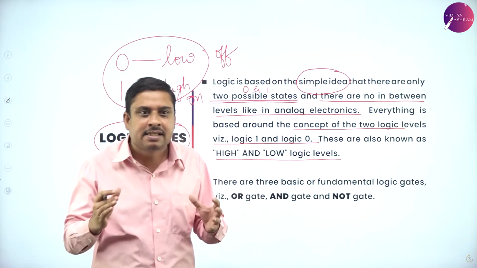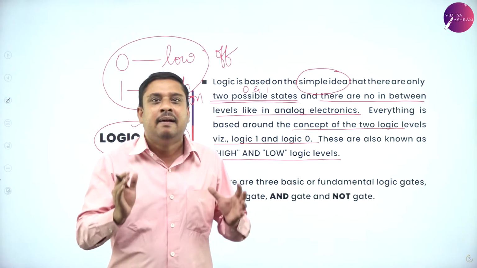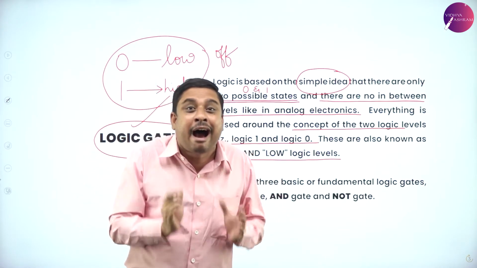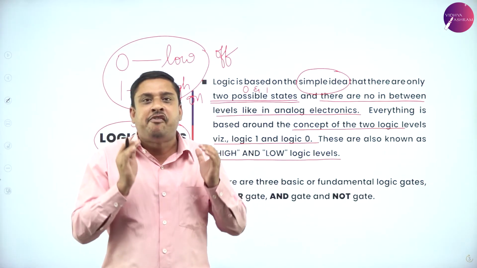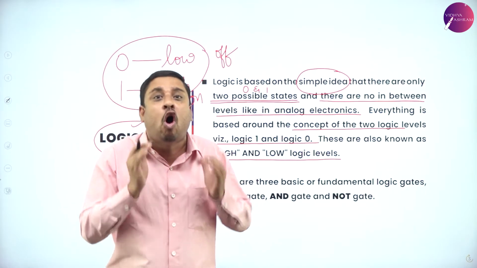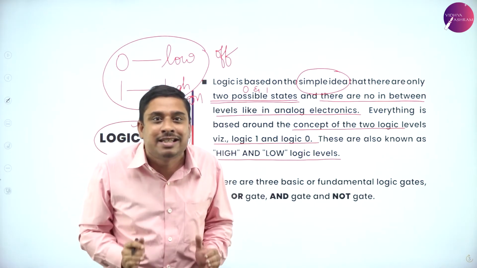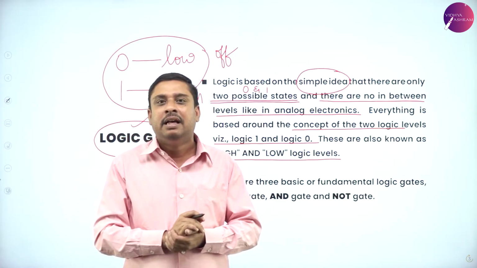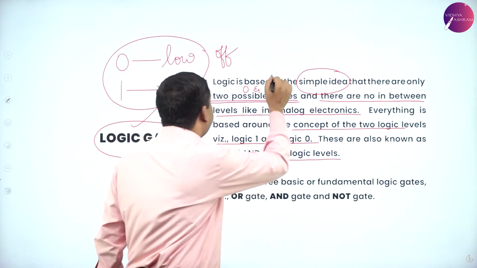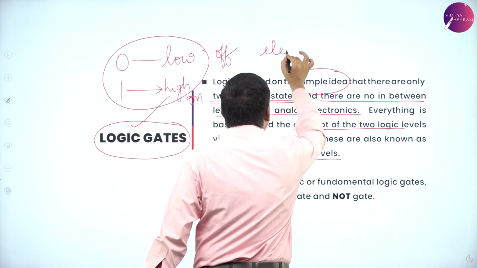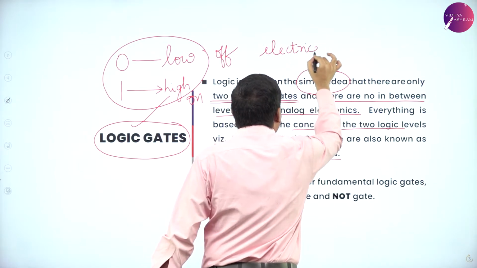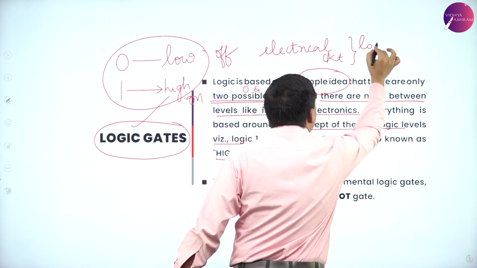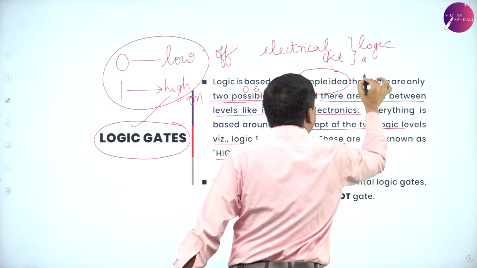So this concept, the formation of an off state or an on state, zero state or a one state, leads to the formation of electrical circuits, what we call logic gates.